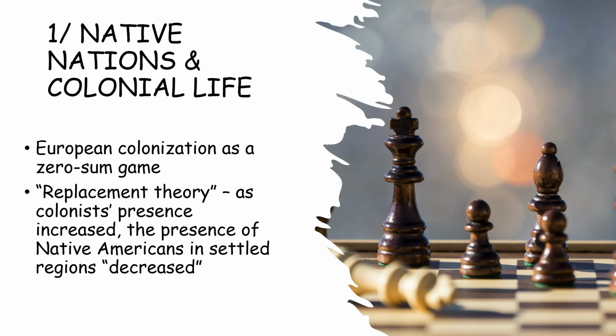As more colonists showed up, the presence of Native Americans in settled regions decreased. They began pushing Native Americans off of lands where they had previously been, and that is the quintessential illustration of what today we call replacement theory.